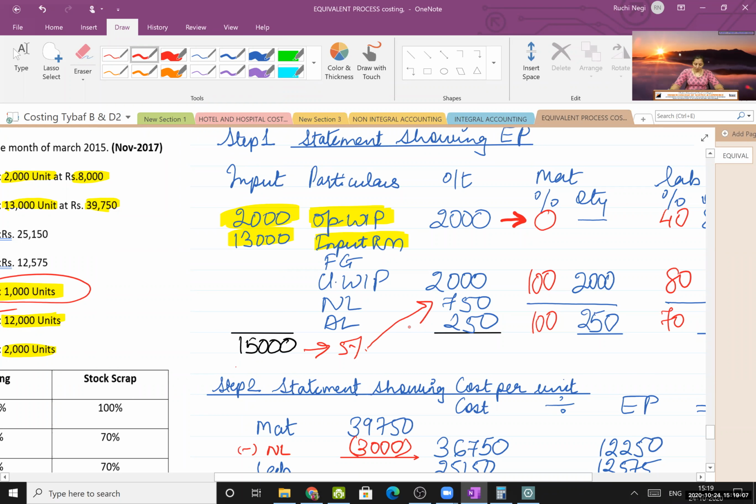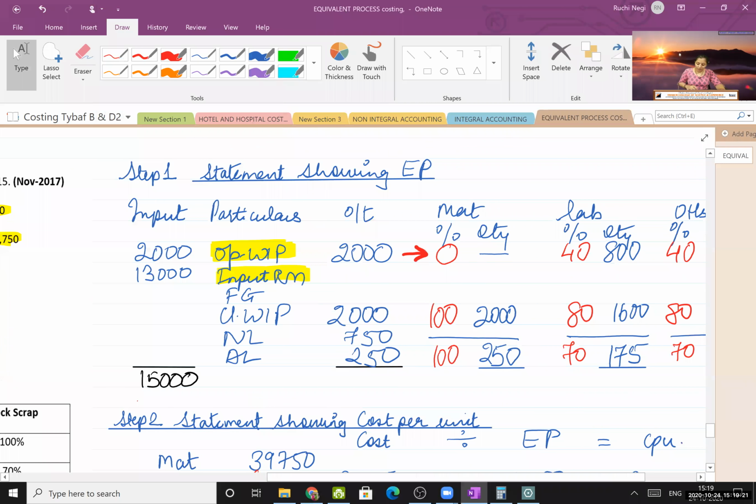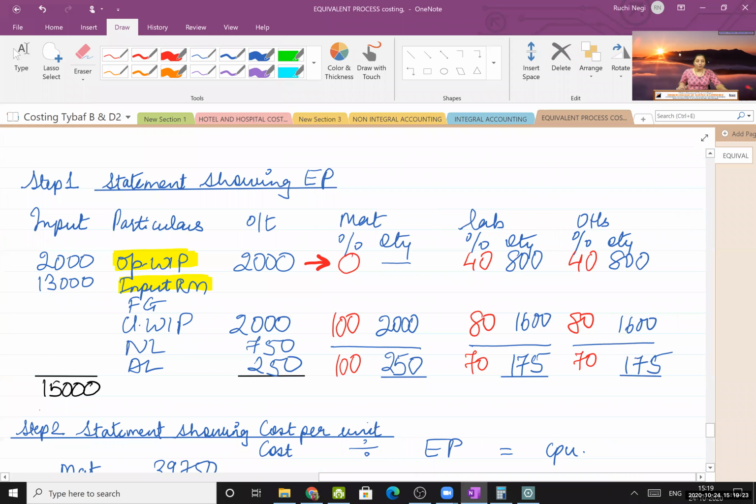Input quantity is 15,000, and 5% of this is the normal loss, which comes to 750. Normal loss, I told you, is not a part of output. So it is not contributing in the making of the output, so you will not calculate it.